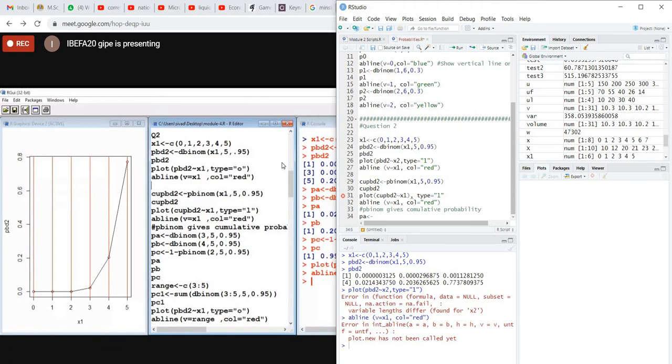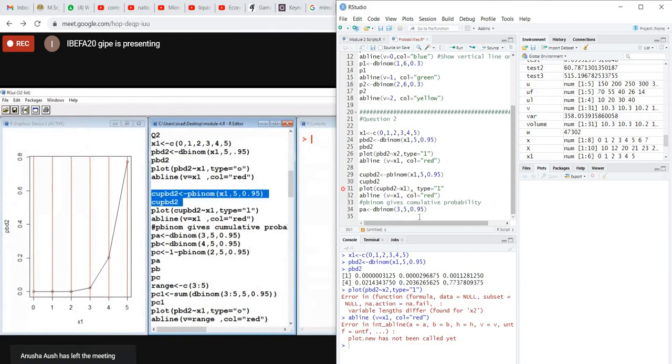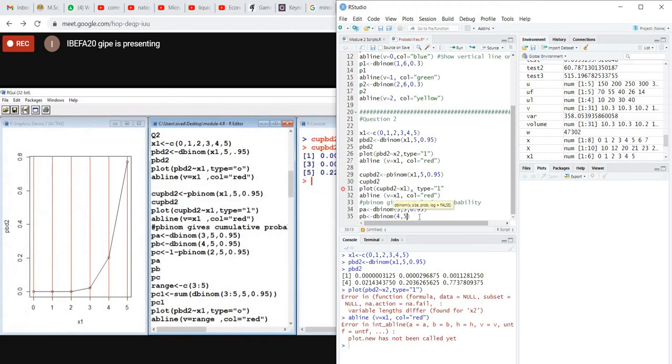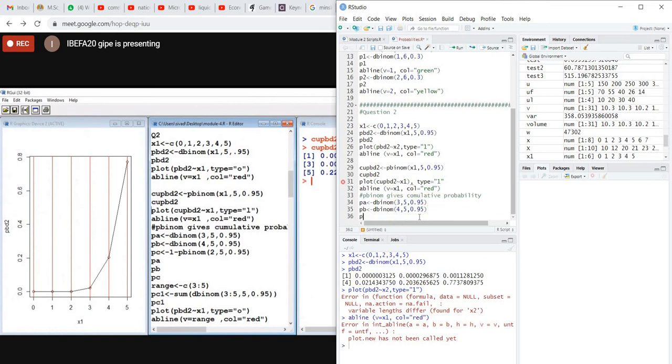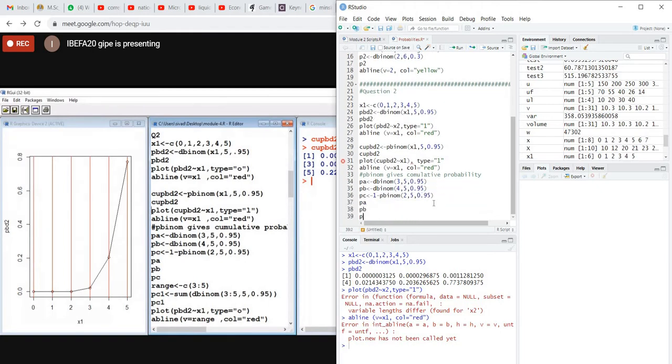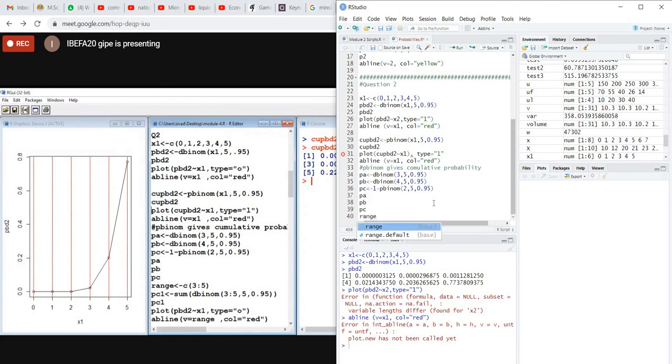But I found the cumulative probability. What is cumulative probability? Cumulative probabilities are probabilities starting from 0, 1, 2. Look, the probability of 0, then 0 plus 1, then 0 plus 1 plus 2, then 0 plus 1 plus 2 plus 3, then up to 4, and all that is 1.